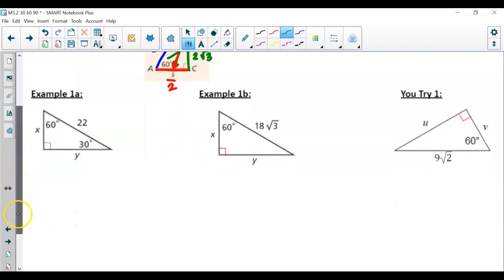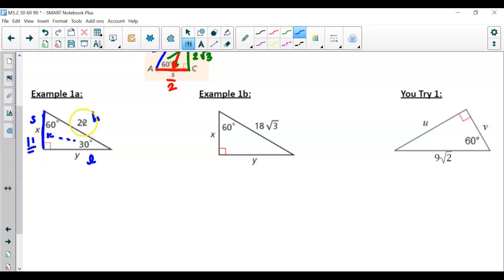So like here, for example, 1A. Notice how the hypotenuse is 22, which is always double the shortest leg. See how this leg is opposite from the 30? This is your shortest leg, your S. This is your long leg. So if the hypotenuse is 22, then my short leg is 11.